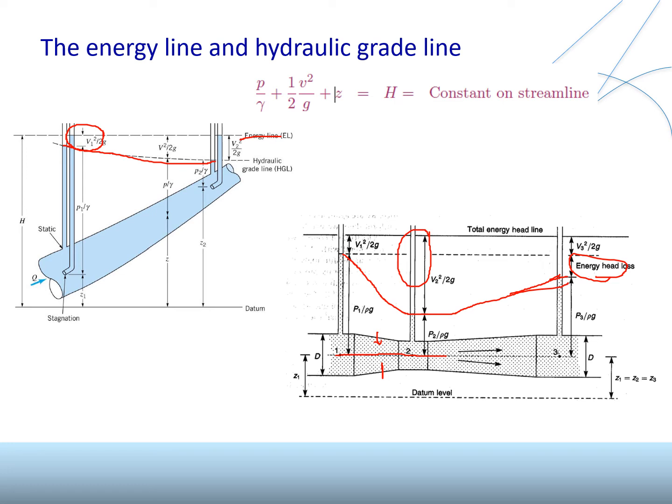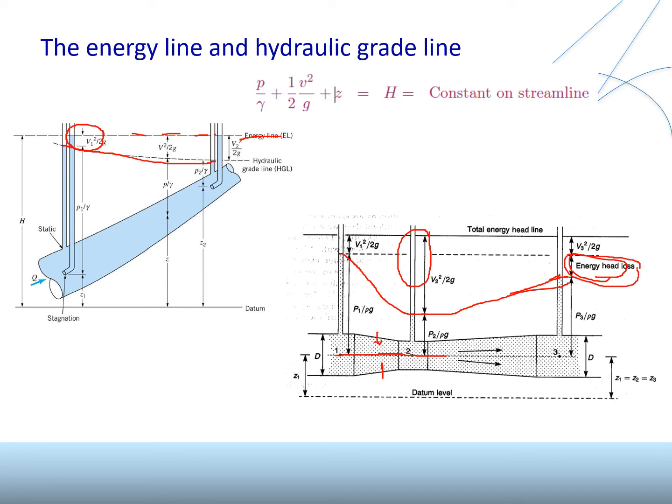Next, in real fluids, energy lines are not constant. So here we see the energy line is constant and horizontal, but actually they are not constant, right? Because there will always be some kind of frictional loss, and if you want to make that energy line horizontal, then you need to add the energy loss as well.